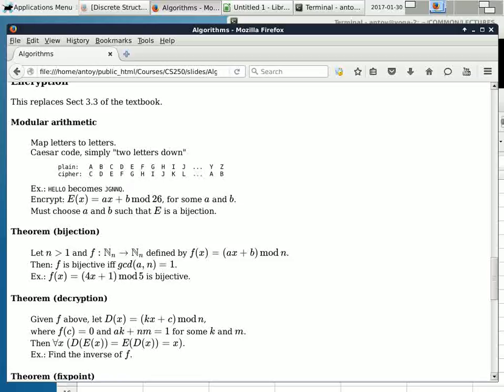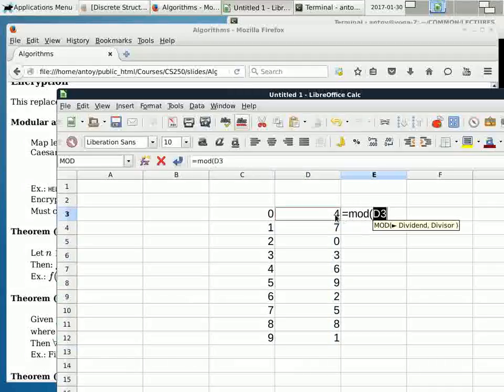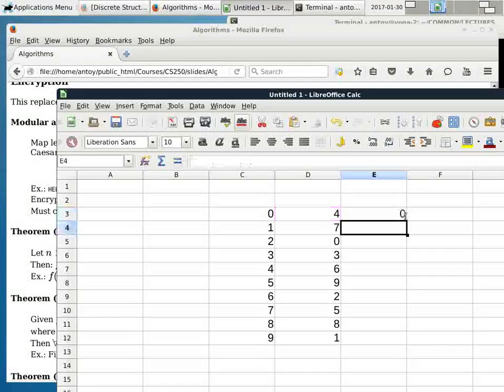So let's try this one now. This one will be mod 10, this number times x plus 7, and which element goes to 0? These two, right? 2 mod 10.